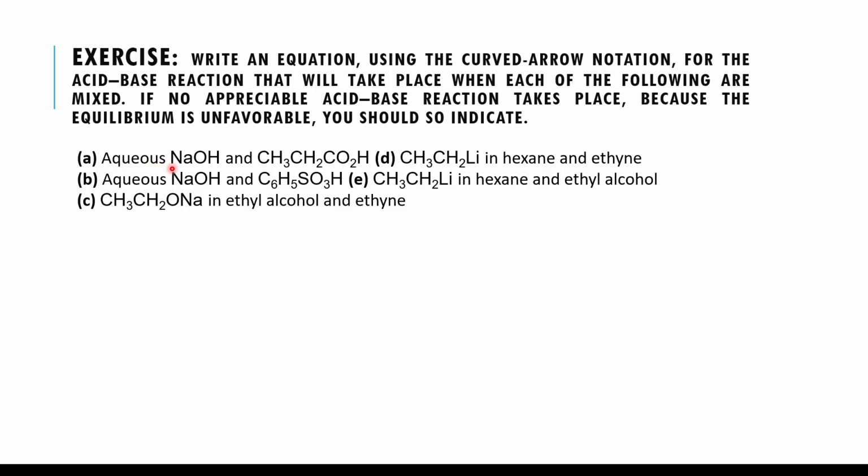In the first option, we have aqueous sodium hydroxide and a carboxylic acid, which is propionic acid. Let's start writing the equation. I'm going to write sodium hydroxide as just hydroxide because the reaction is going to take place between the base and the acid.